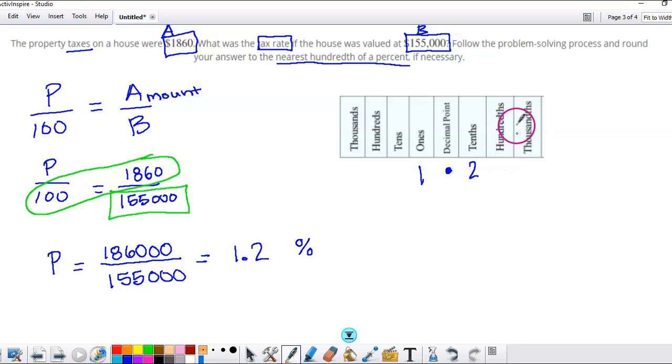The convenient thing for numbers that are to the right of the decimal point is there are zeros going on forever. So if they want this rounded at the 100th place, I just insert a 0. So 1.2% is the same as 1.20%. We have given it the way they want, rounded it at the 100th place.